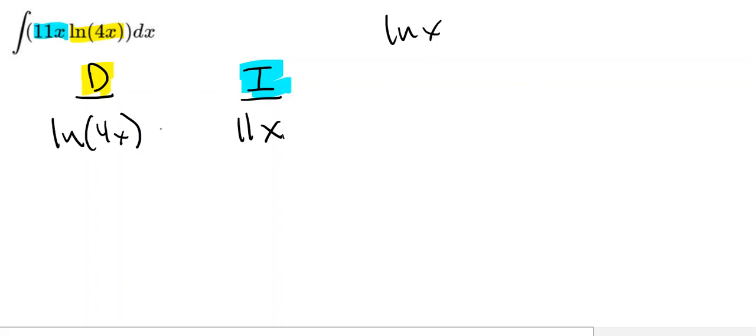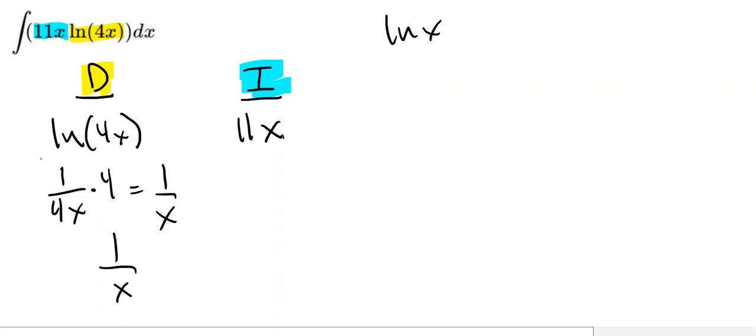All right, so the process now starts off the same but quickly changes slightly. So in the derivative column, we want to find the derivative of the log of 4x. So you remember that that's going to be 1 over 4x times 4, the derivative of 4x, using the chain rule, which becomes 1 over x. So I'm just going to write that down here.